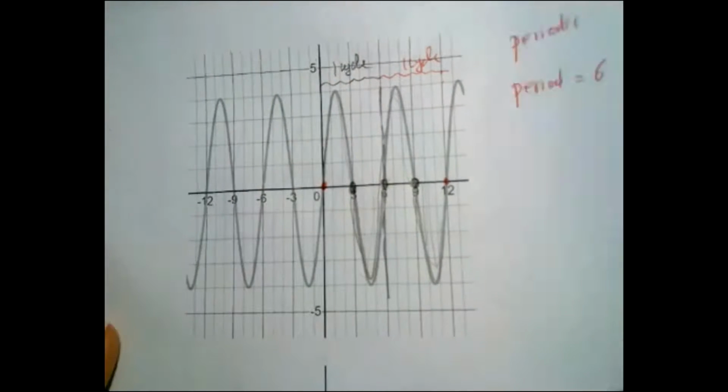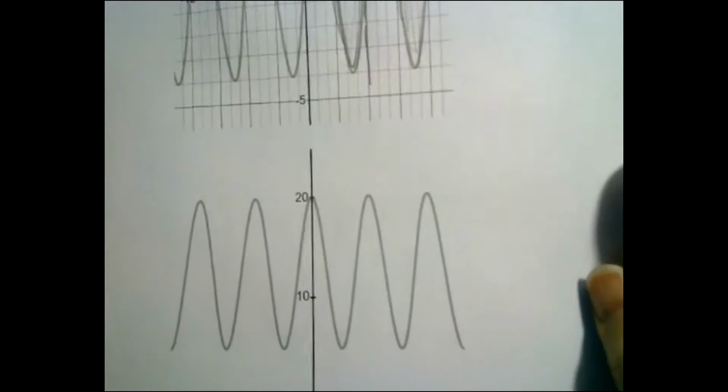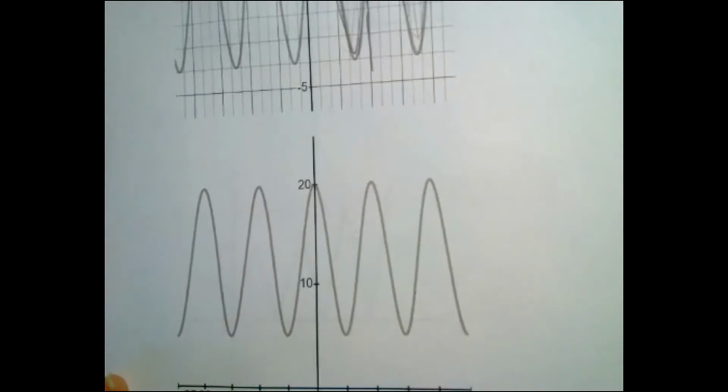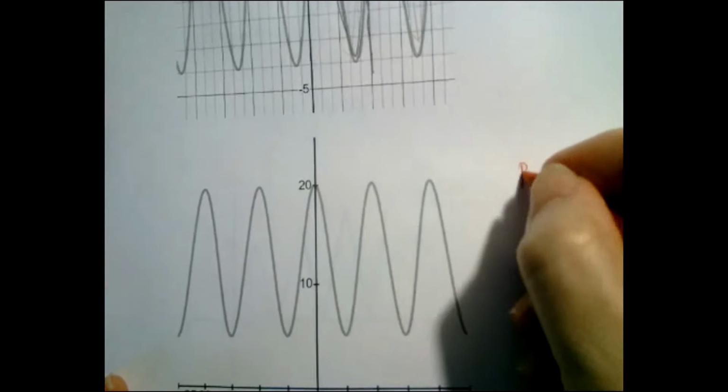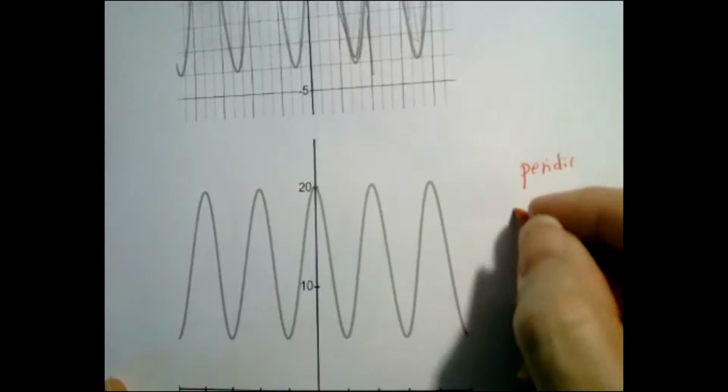All right, one more, and then we proceed. The last graph. What do you think? Periodic, not periodic? Again, everybody tells me it's periodic. Let us see how it starts to repeat itself.